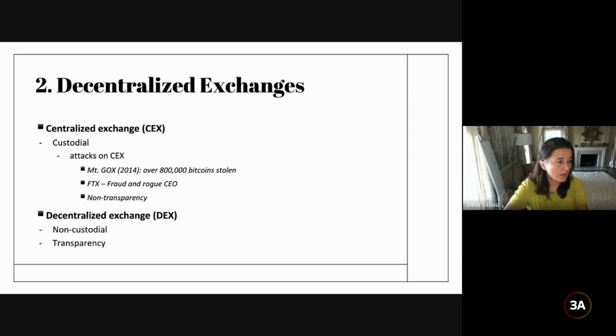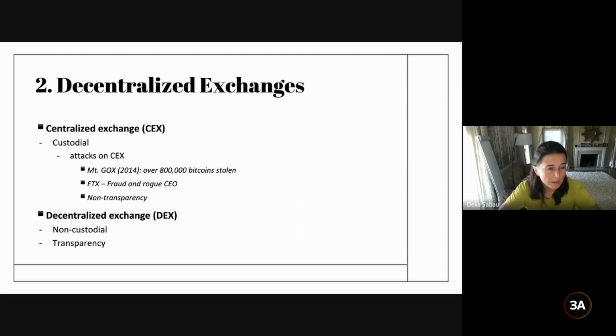The most famous one is the attack on Mt. Gox in 2014, where over 800,000 bitcoins were stolen, and at that time, the value was over 450 million. 2019, for example, alone had over 12 centralized exchanges being attacked, with more than 300 million worth of crypto stolen, but it can also be caused by a rogue CEO.